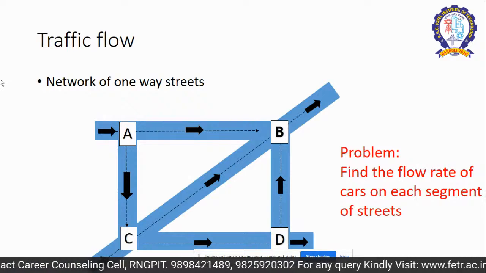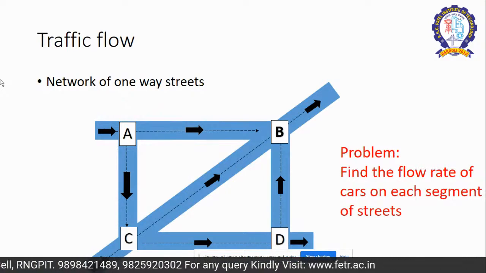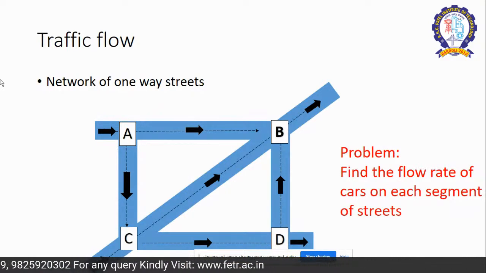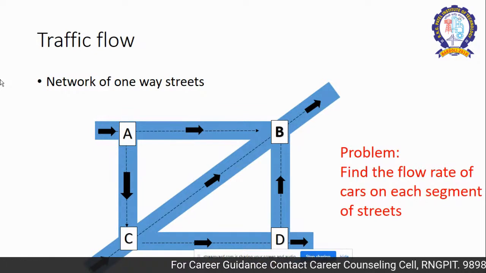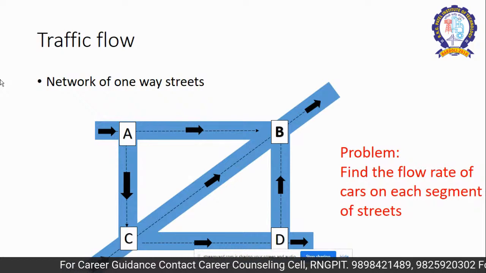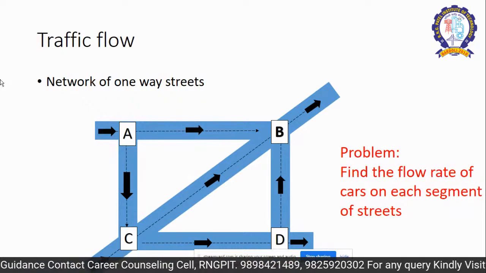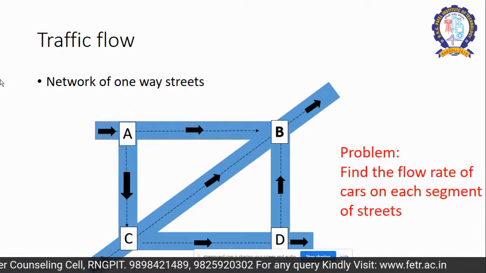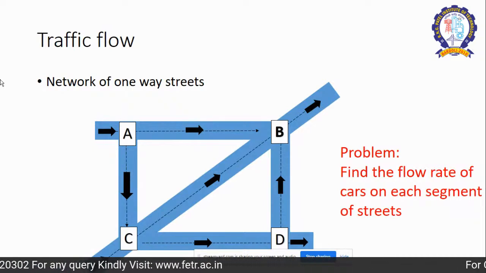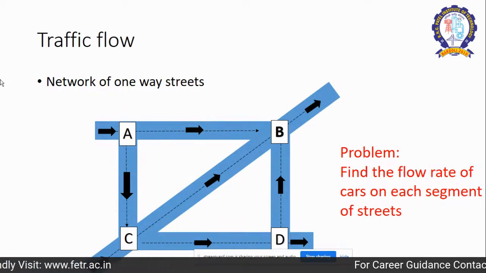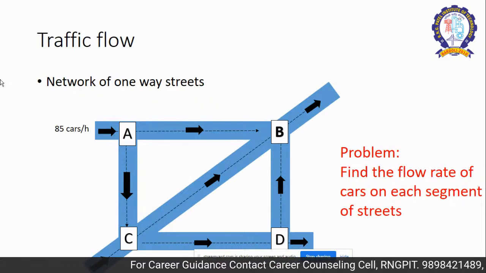Each segment of street is represented with arrows, and there are 4 junctions named A, B, C, D. Along the segmented roads we can find the traffic, or number of cars, passing through those particular regions.